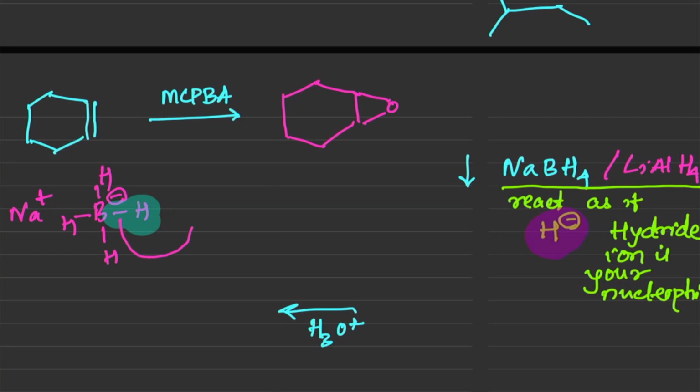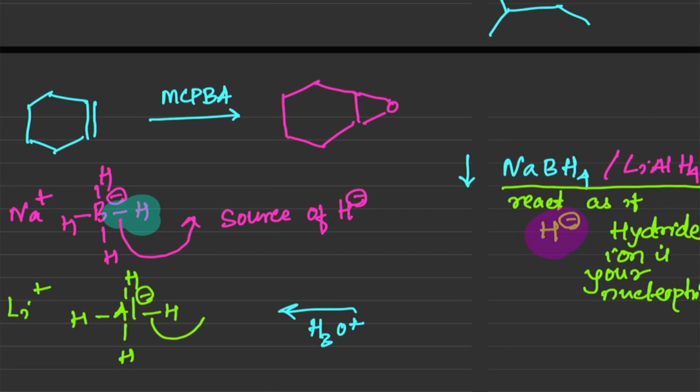So this would act as a source of H minus. Okay, the same thing happens with lithium aluminum hydride. Lithium plus, aluminum H, H, H, H, and there is a negative charge here. So one of the hydrogens will act as a source of hydride ions.